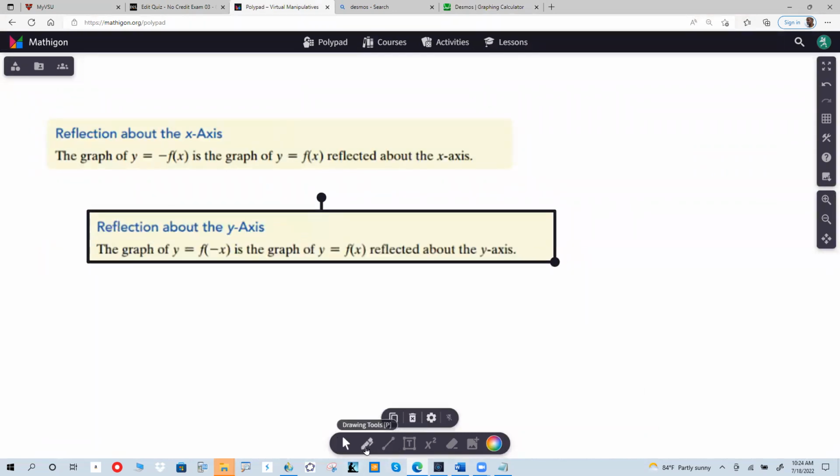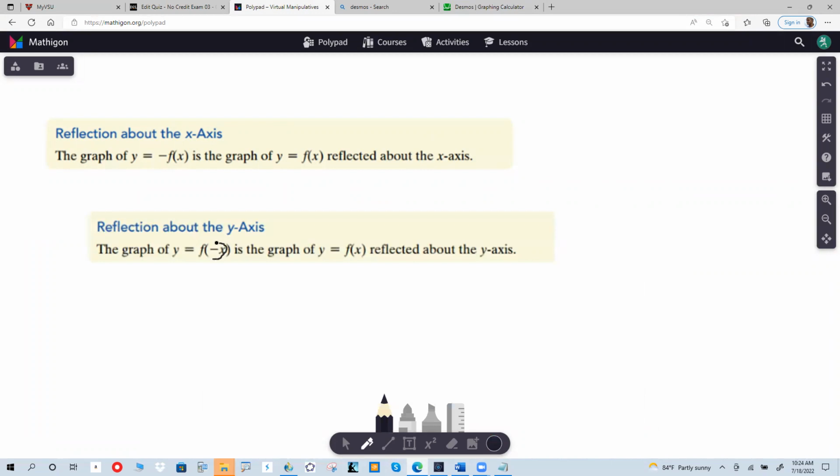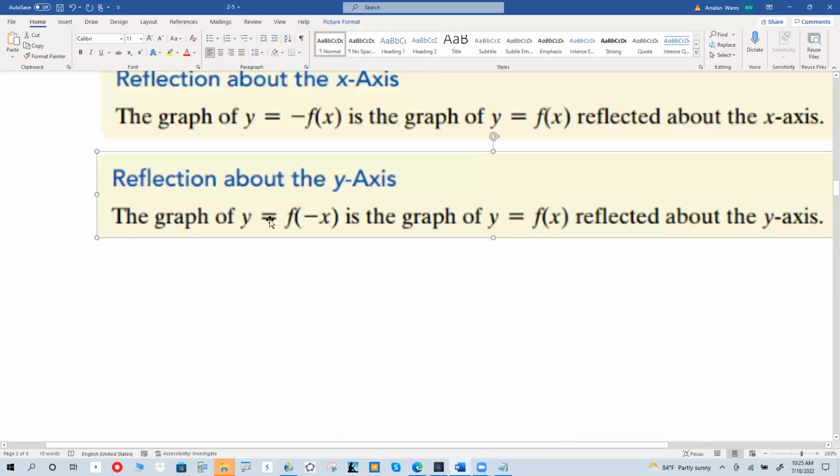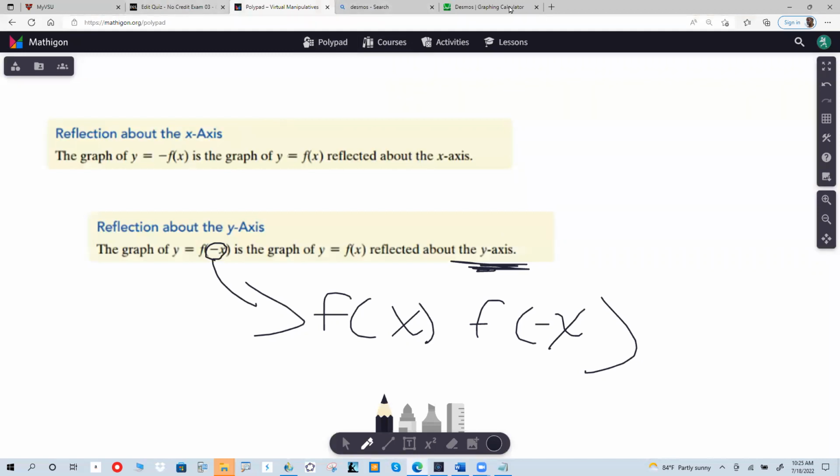So this time, guys, we're going to replace this x with negative x. My original function was f of x. I'm going to make it f of minus x. But what happens this time? You're going to say it'll be y-axis reflection. That's a little tricky to see, but unfortunately, we'll have to use this function.